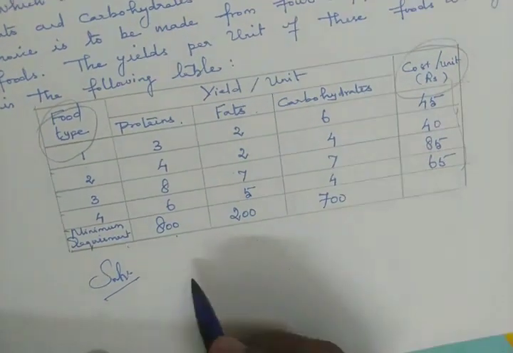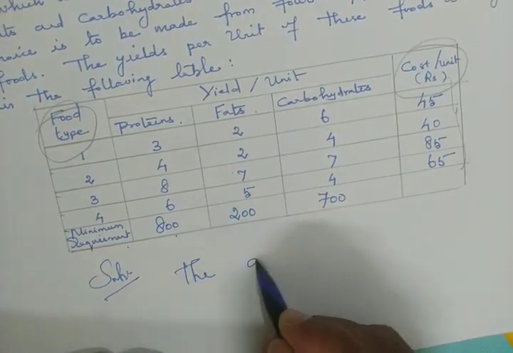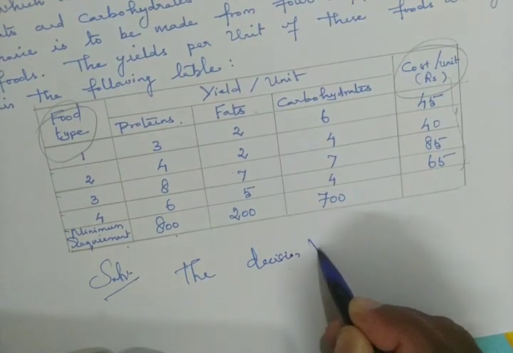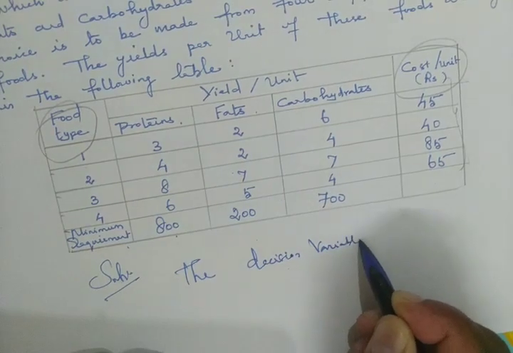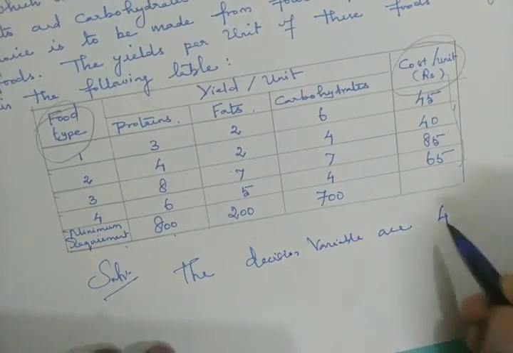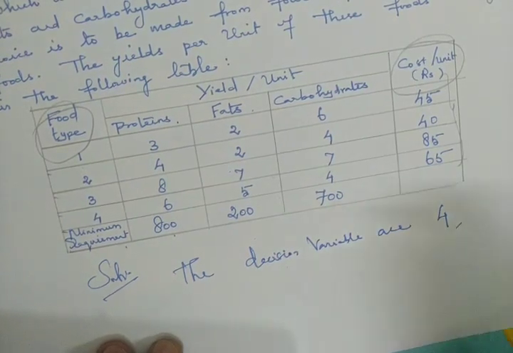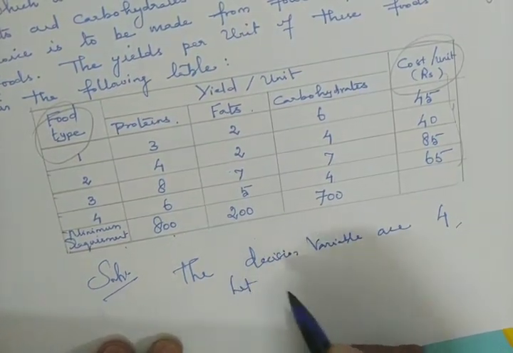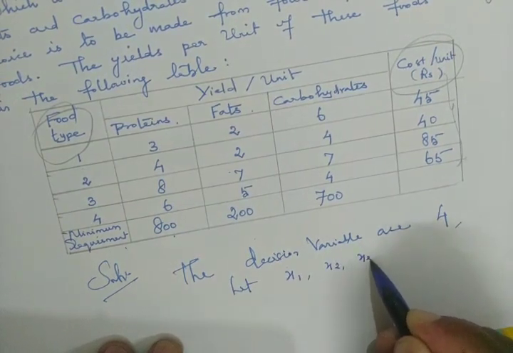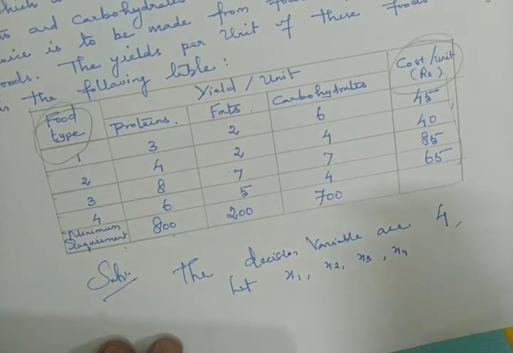The reason you are assuming that decision variables are 4 to the given problem. Now naming the decision variables x1, x2, x3, x4.